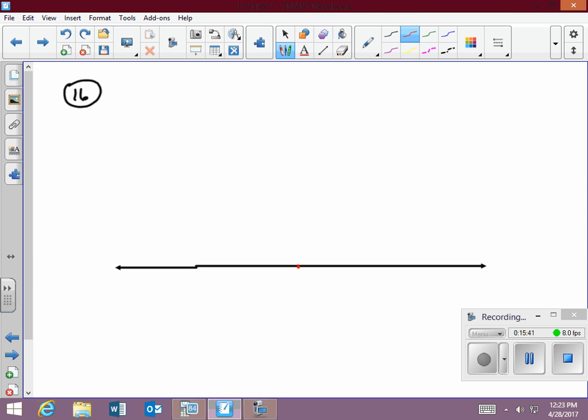So you set your compass at whatever distance you want, and you strike an arc there and there. And then you run your compass at a larger length than that, and strike an arc there and there, putting points at these two. And there's a construction that we're using. Construction number 5.